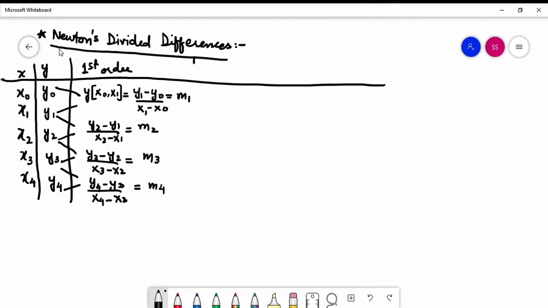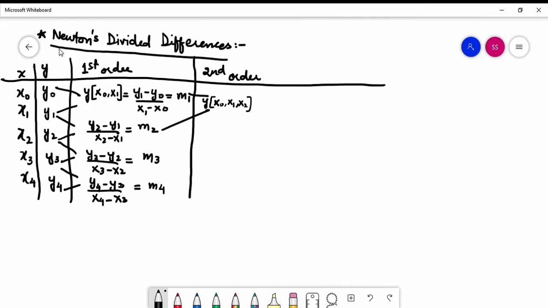Now in the next column, let us calculate the second order divided differences. The second order divided difference between m2 and m1 involves 3 points, x0, x1 and x2.